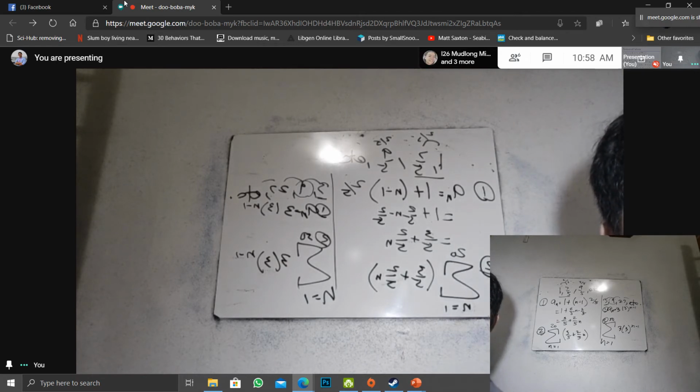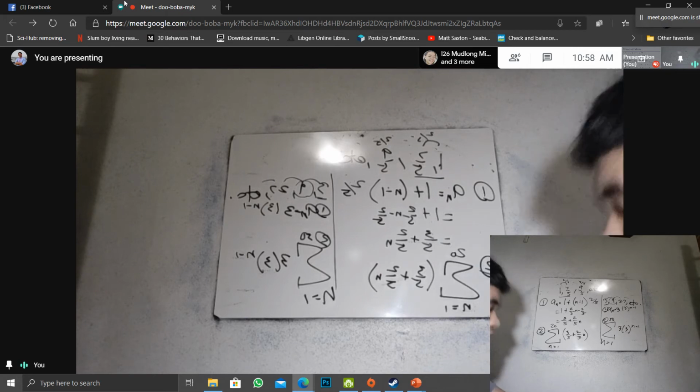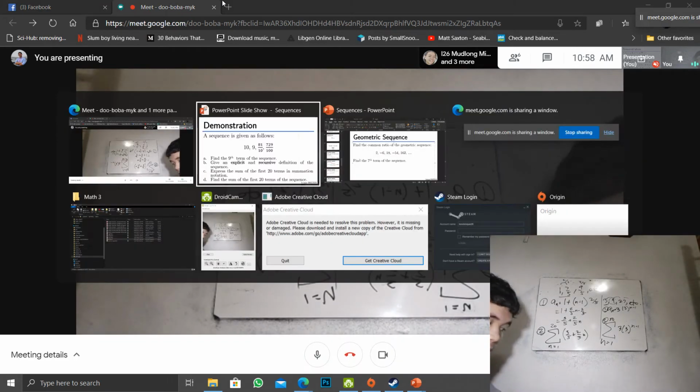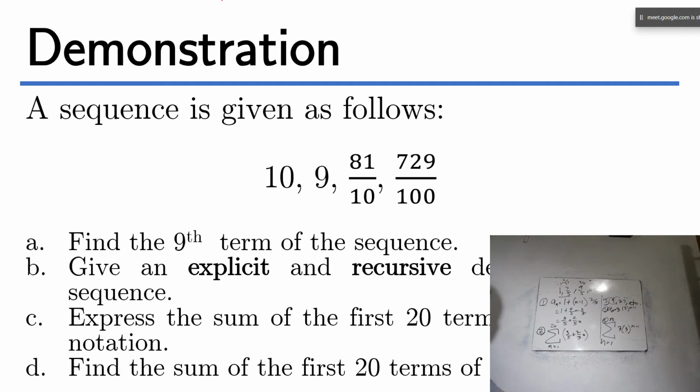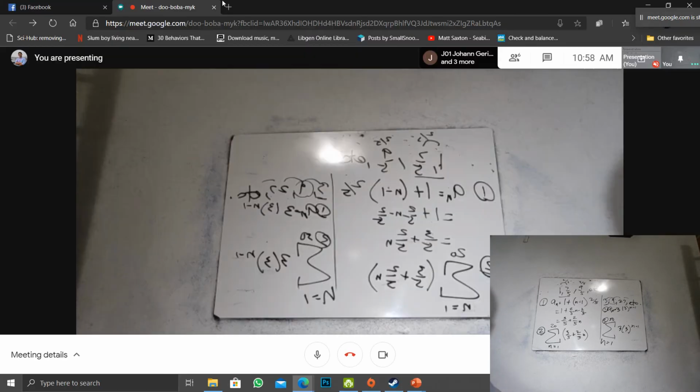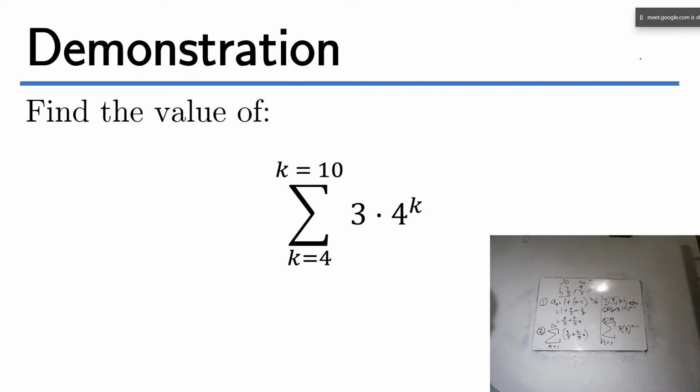Okay, sige. Ngayon, let me teach you how to evaluate a summation like this. Okay, look at the term.